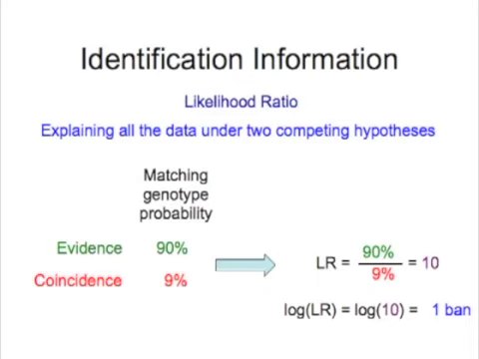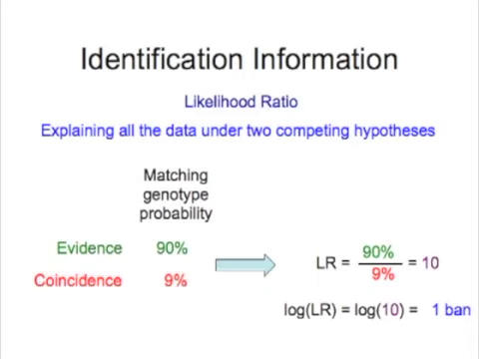What we just saw is that the evidence came in with a 90% probability at 15, 16. Suppose the probability of coincidentally seeing a 15, 16 genotype value in the population was 9%. So if you took a random person from the room, the chance that they'd have that 15, 16 is, say, 9 out of 100.